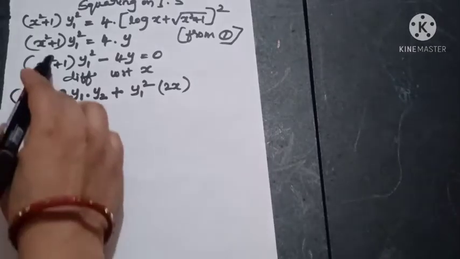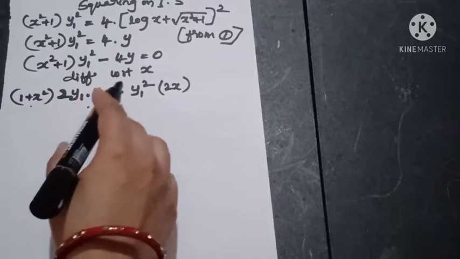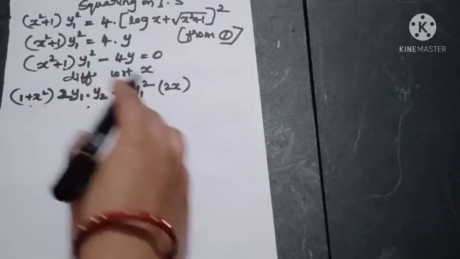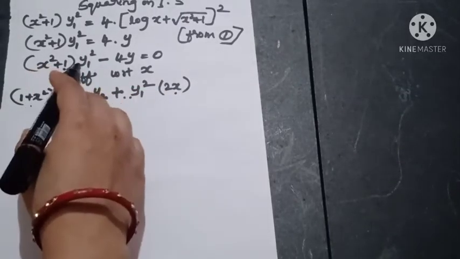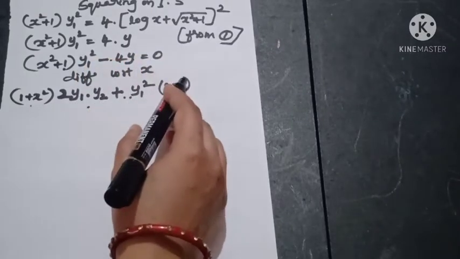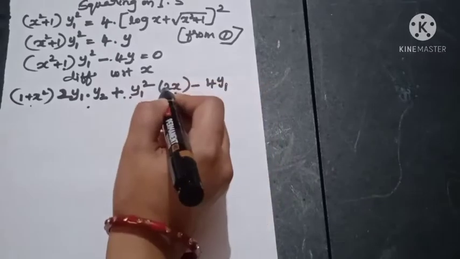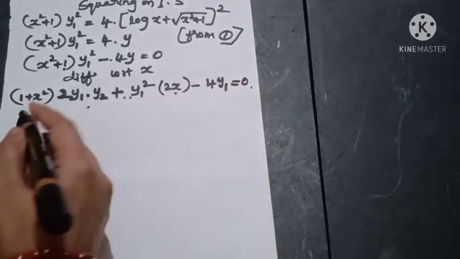Keep the first function as it is, differentiate the second function, plus keep the second function as it is, differentiate the first function. This is how the differentiation of two functions takes place. Minus differentiation of 4y: 4 is a constant, differentiation of y is y1. This is equal to 0.